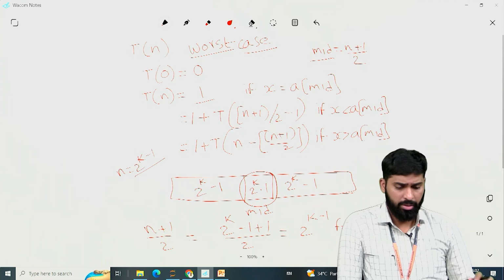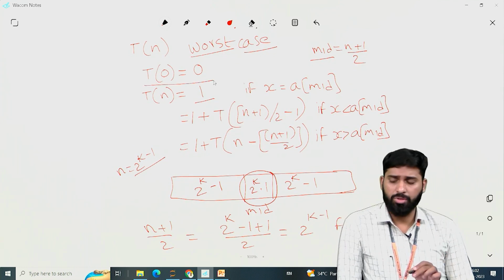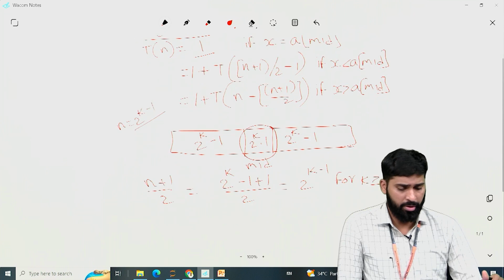Now they are giving T(0) equals 0, T(n) equals 1.